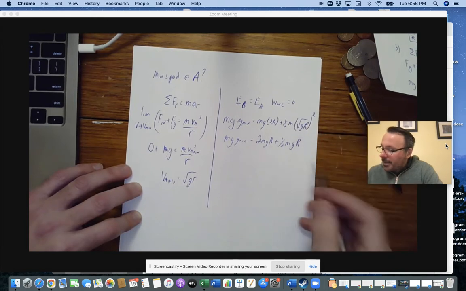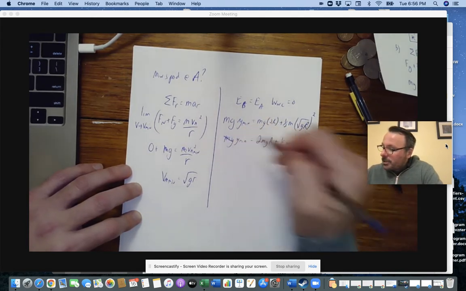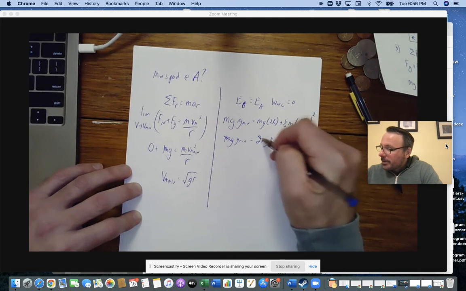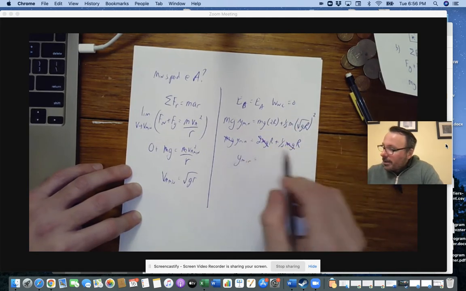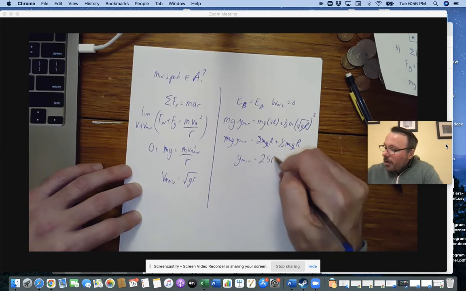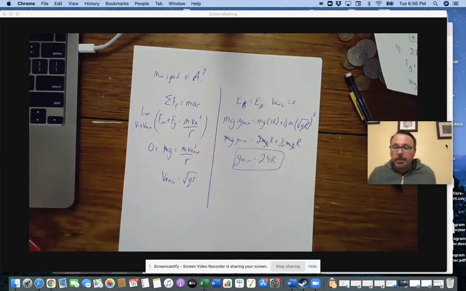Because that's what's happening there. And then the mg's cancel, right? Not the 2. And we're left with that y min is actually 2.5 R.